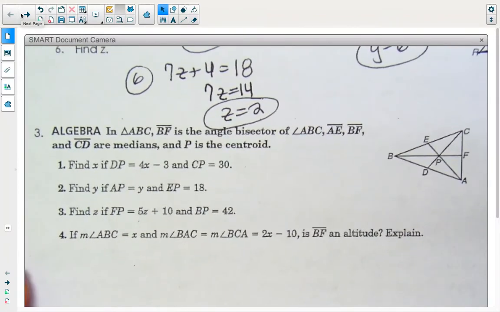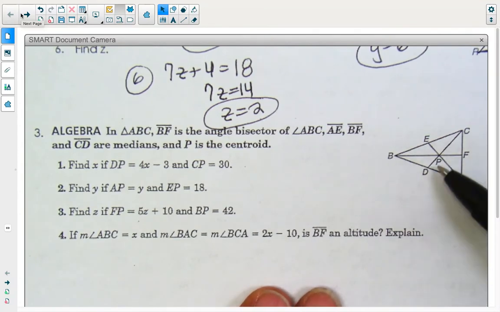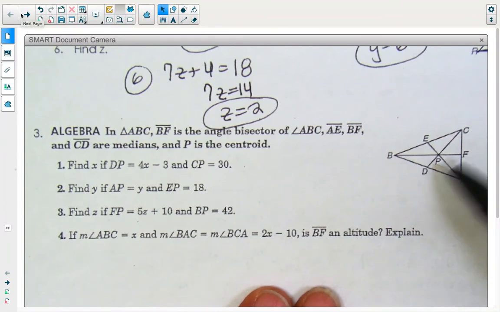All right, so here we go. Number 1, find x if DP is equal to 4x minus 3 and CP is equal to 30. So let's point those out in our picture. So DP, this little space right here. Okay, so I'll try to leave my pen there for a minute. DP is 4x minus 3 and CP is 30. So this section is 4x minus 3.